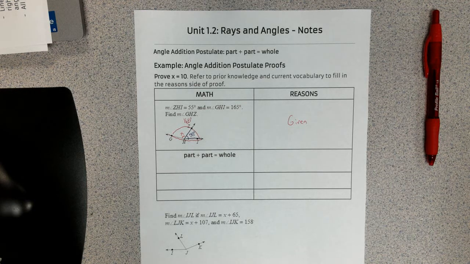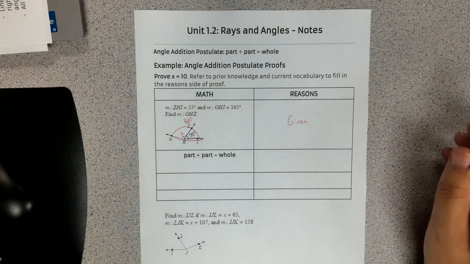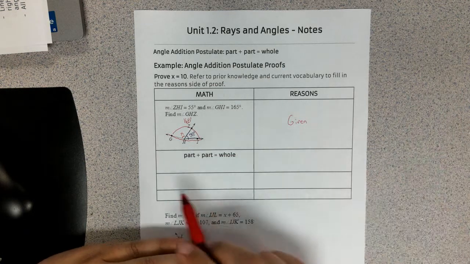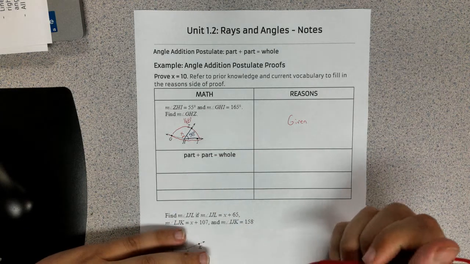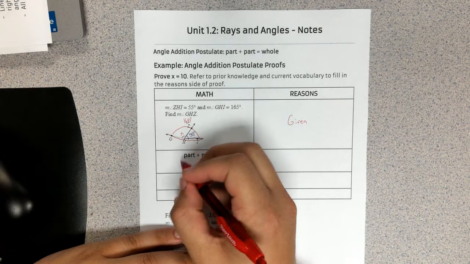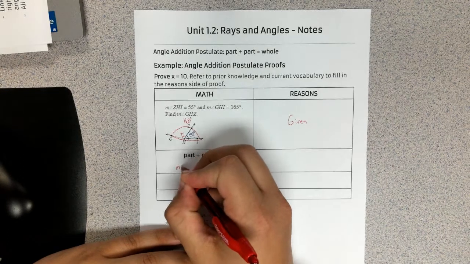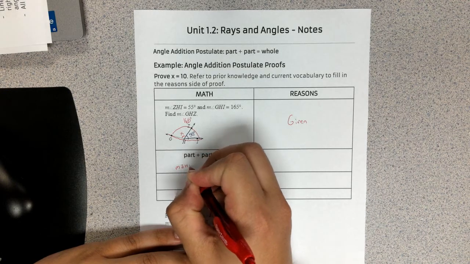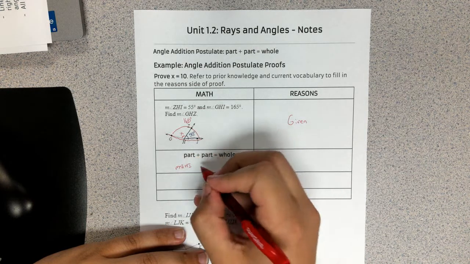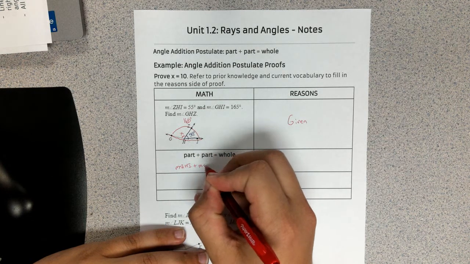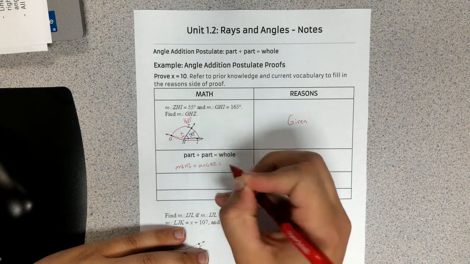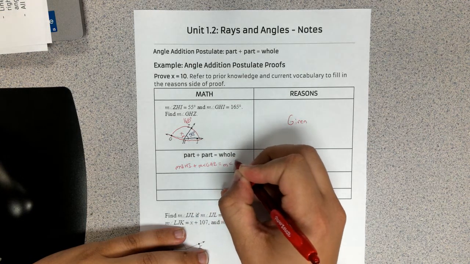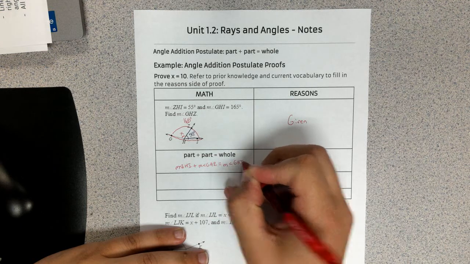So using the formula part plus part equals whole, which is the angle addition postulate, I can then plug in my pieces. Remember, you always want to start with letters before we switch and substitute in the numbers. So let's start with our letters. We have the measure of angle ZHI plus the measure of angle GHZ is equal to the measure of angle GHI.